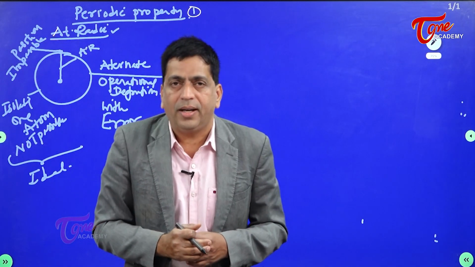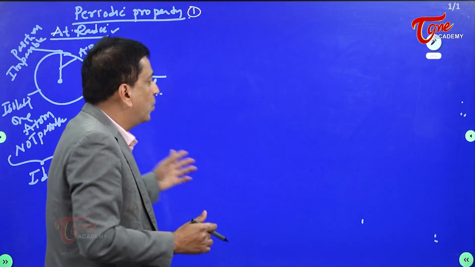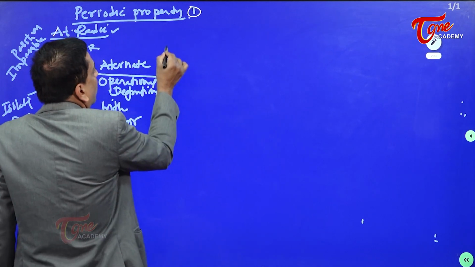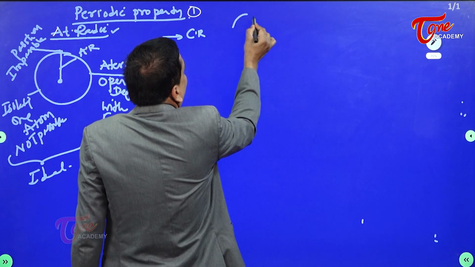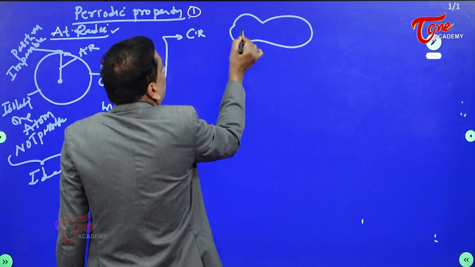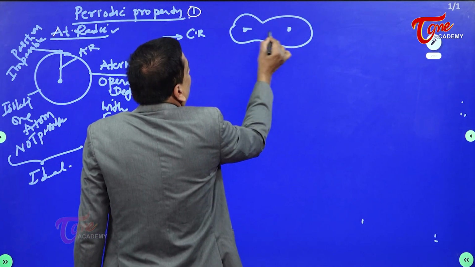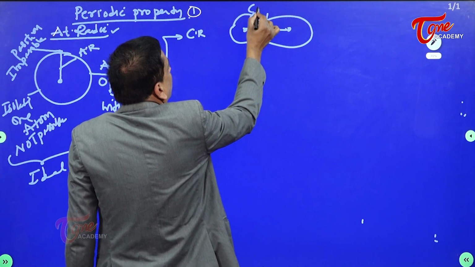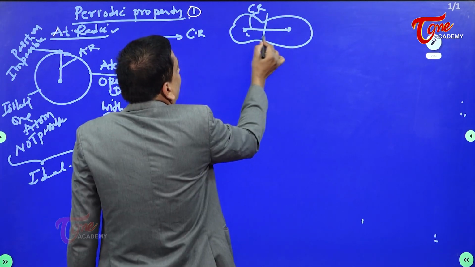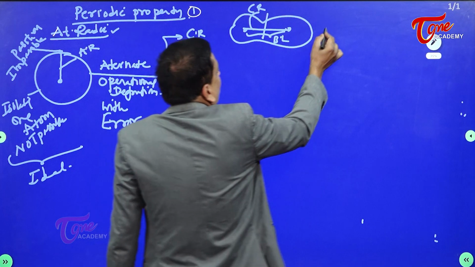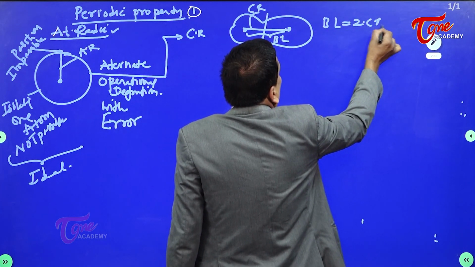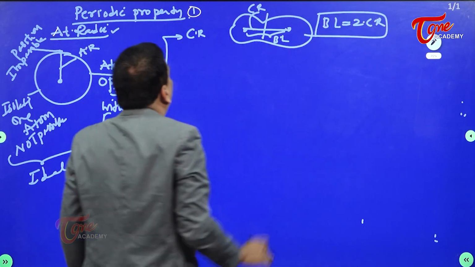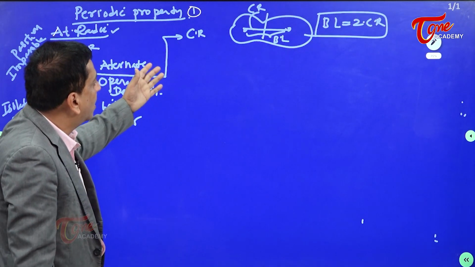Then I propose all this, and the first one is the covalent radius. If you actually see, this and half, this is covalent radius. This entire thing is bond length. So basically bond length is twice the covalent radius.